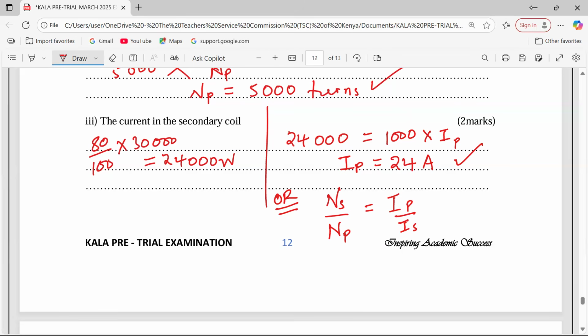We interchange for current, not like voltage now. So in secondary, we are having 1,000, in primary, 5,000. This is equal to current in primary, which we calculated as 6, over current in secondary.